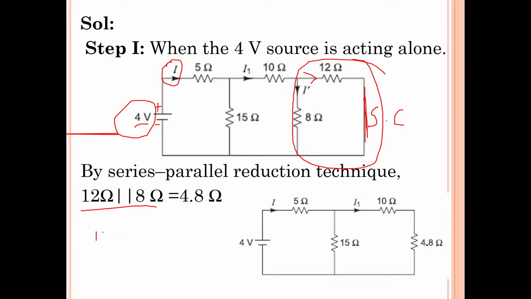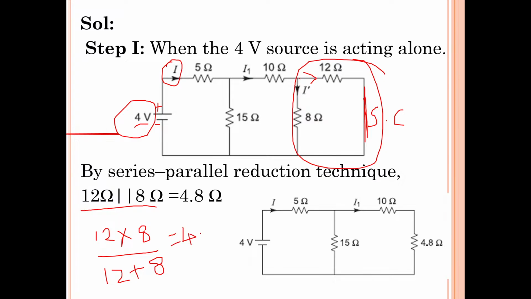So what is the parallel combination of 12 ohms and 8 ohms? It is 12 into 8 divided by 12 plus 8. It is 4.8.